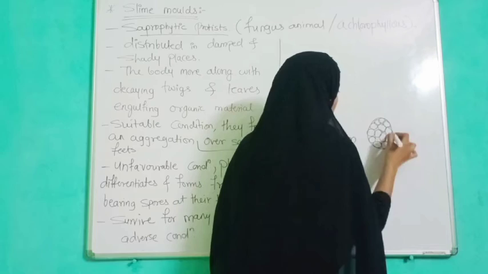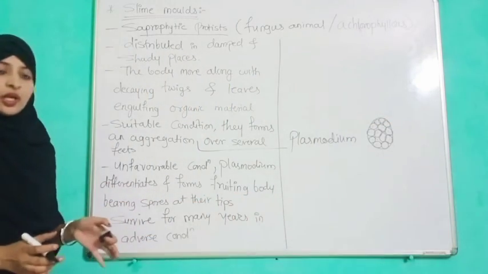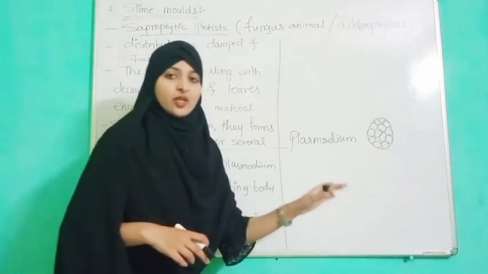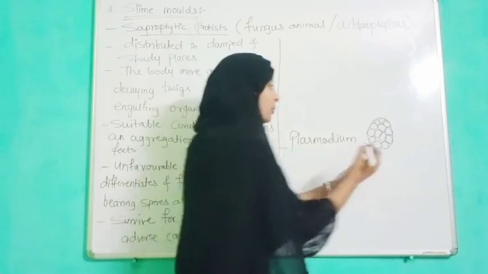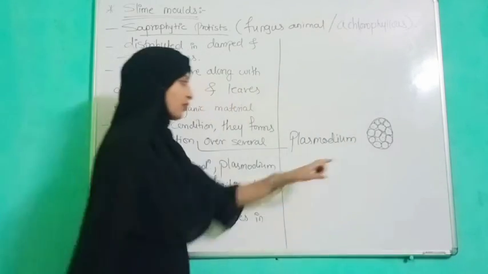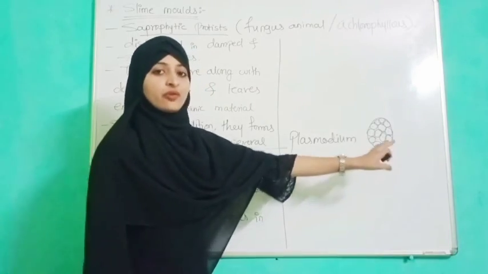It is known as a plasmodium because it has a number of nuclei in its cell. If there is one nucleus we call it a nucleus, but here there are a number of nuclei, so this body is known as a plasmodium and it moves several feet.